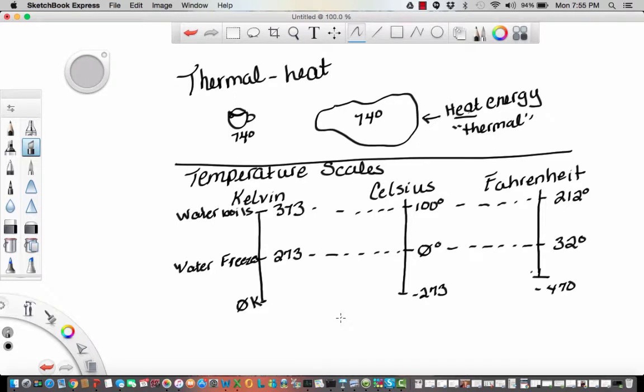We're going to remember down here that this is absolute 0, and that's on the Kelvin scale. Absolute 0 is when no more matter moves. Matter no longer moves at absolute 0.